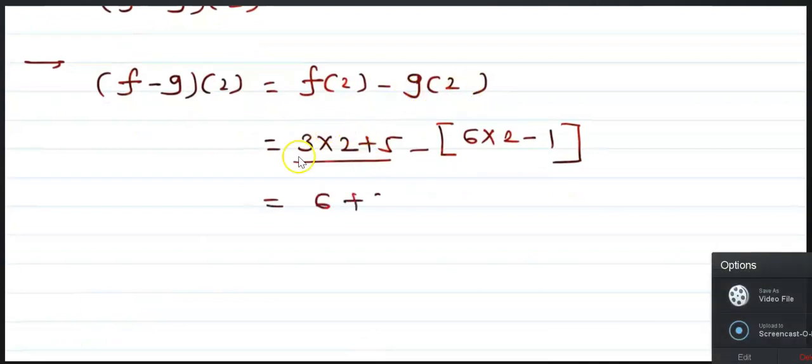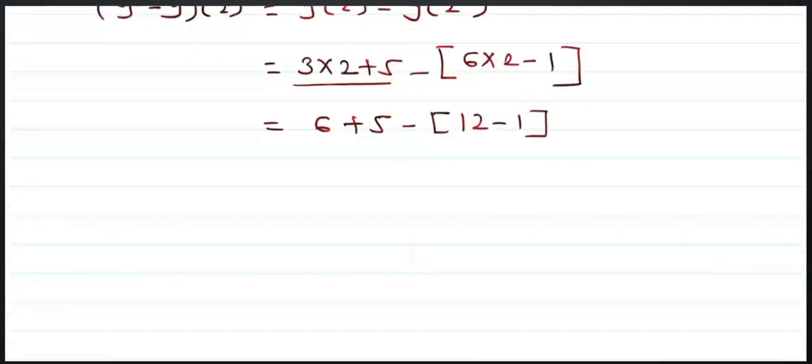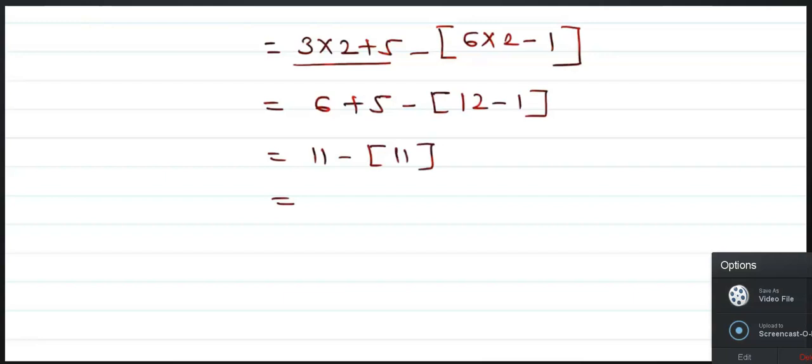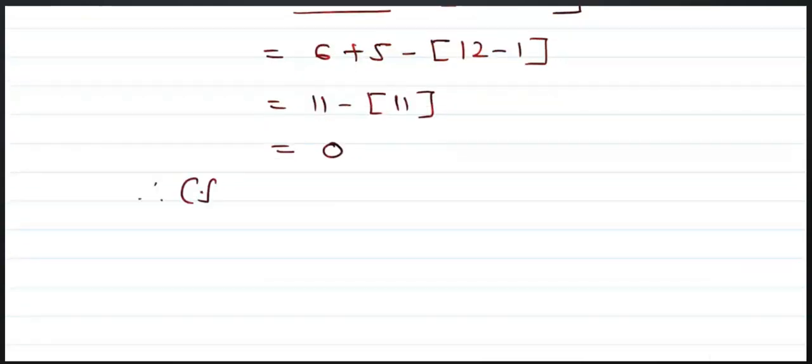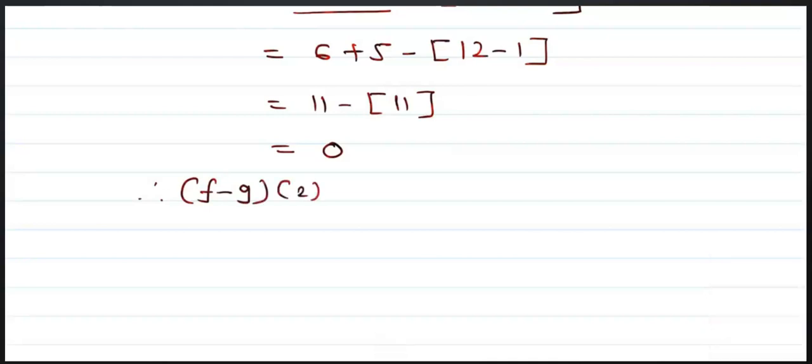Here f of x is 3x plus 5, where x is replaced by 2, and g of x is 6x minus 1, where x is replaced by 2. Therefore, 6 plus 5 minus 12 minus 1, then you will get 11 minus 11, which is equal to 0.